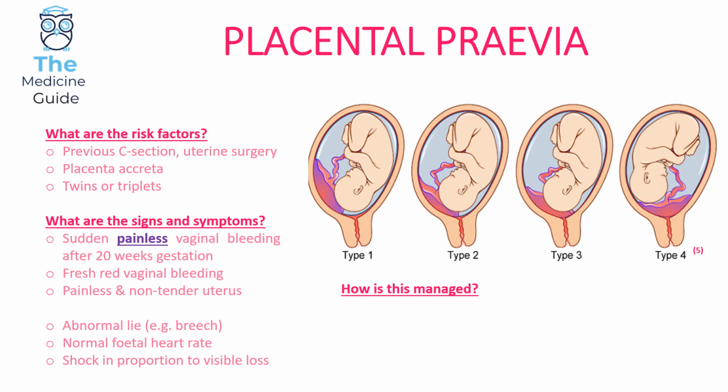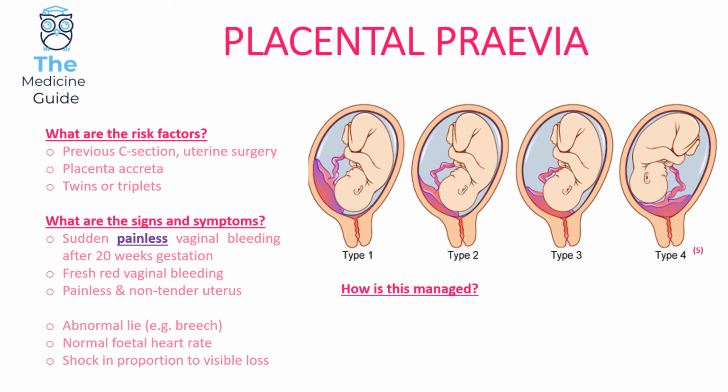There'll be a normal fetal heart rate, and shock will be in proportion to the visible blood loss that the woman has suffered. Now I've highlighted painless and underlined it as well, because this is one of the key features which helps to distinguish a placenta previa from a placental abruption.